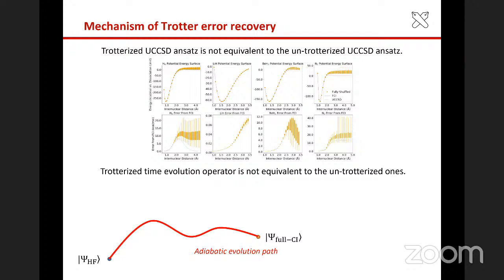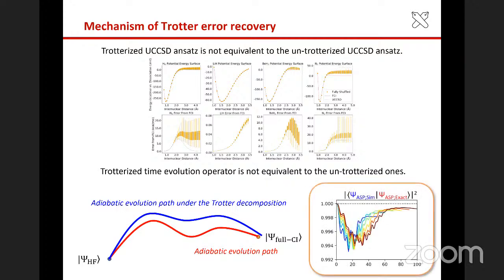But the adiabatic evolution under the Trotter approximation is somewhat different from the original one. But the final state should be very close to each other. So this is the reason why we obtain this kind of plot.